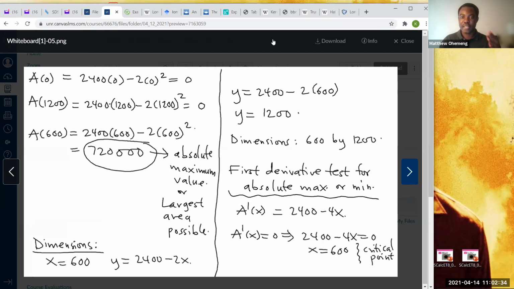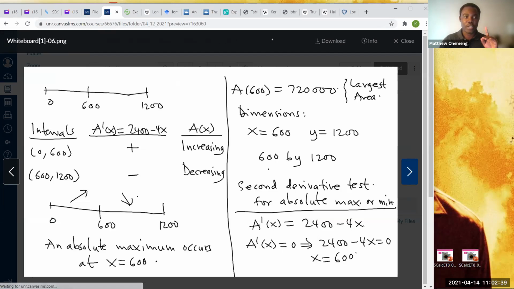But since you are searching for an absolute maximum, you have to be cautious, right? It should be such that at the point you are looking at, the function is increasing from the left approaching that point, and then decreasing for the entire region as you move away from that point, so that you have something like so. If you're looking for a minimum, then it should be something like so, right? So that's the first derivative test.